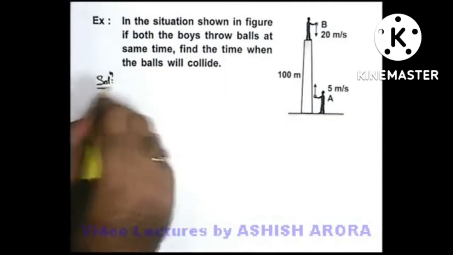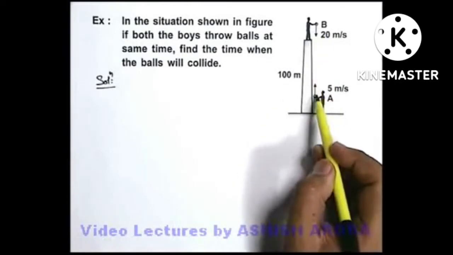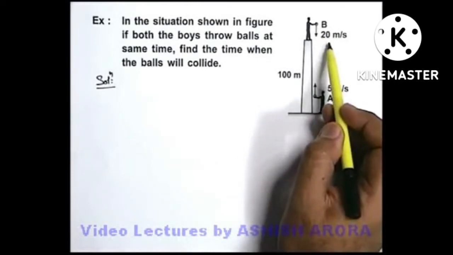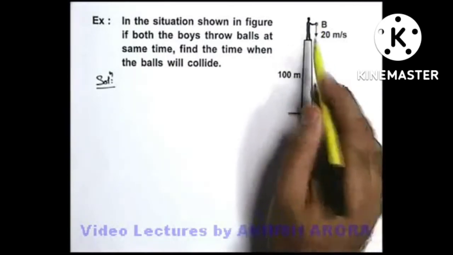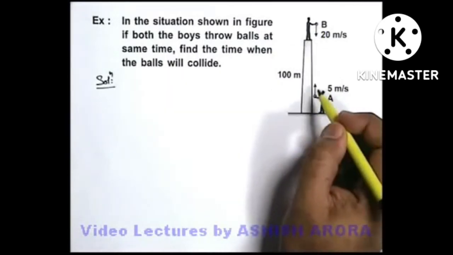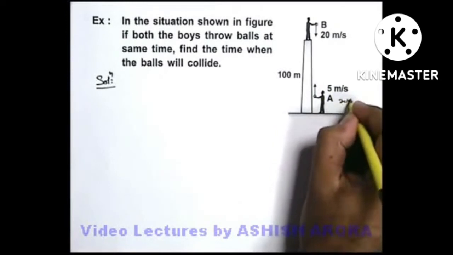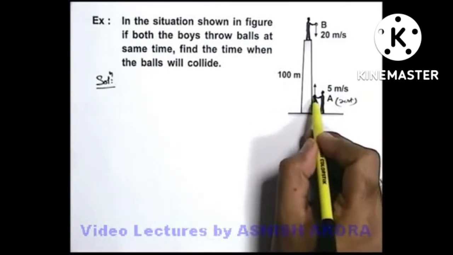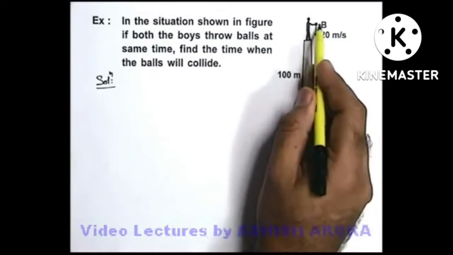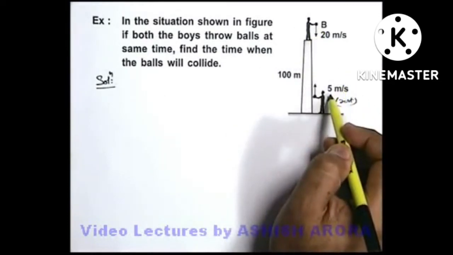So in this situation, if we have a look at the motion of both the balls, the upper one is thrown downward at 20 meters per second and the lower one is thrown up at 5 meters per second. They are thrown towards each other. The best way to handle this question is by using relative motion, and we consider ball A to be at rest. If we consider it to be at rest, then from this ball A, if we just look at ball B, it is observed to be thrown at a speed of 25 meters per second.